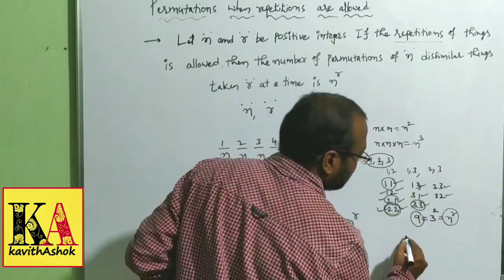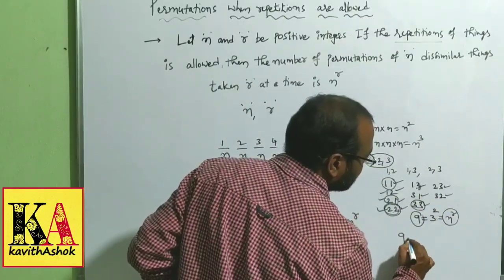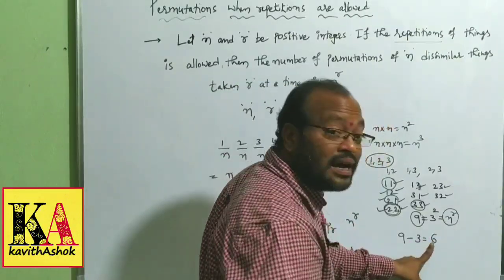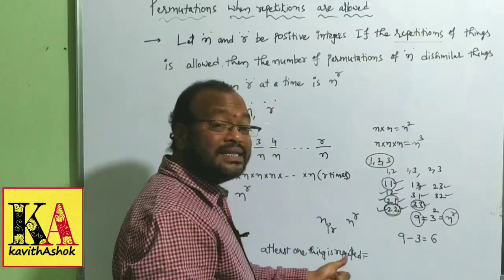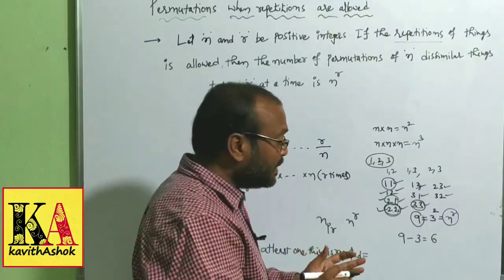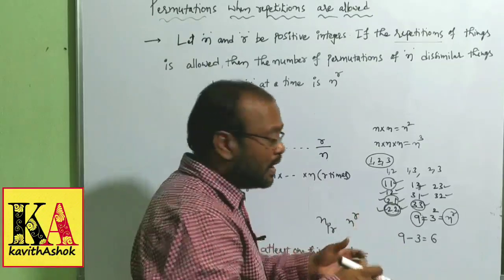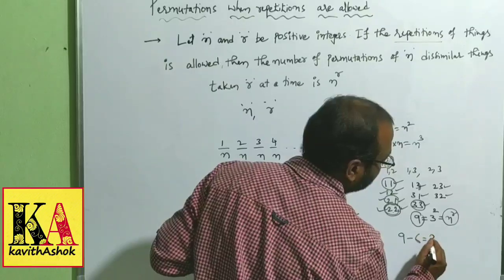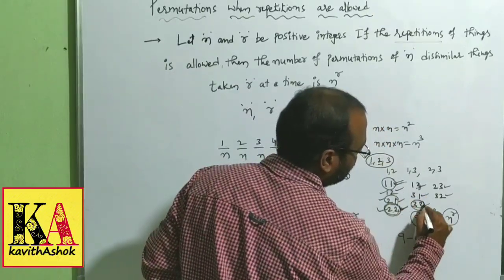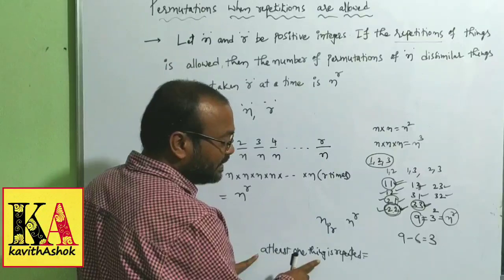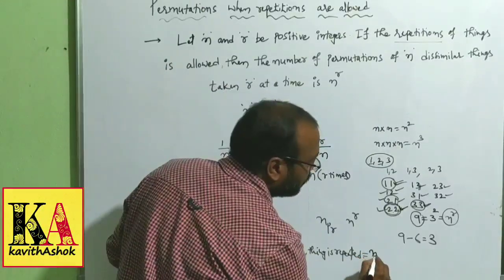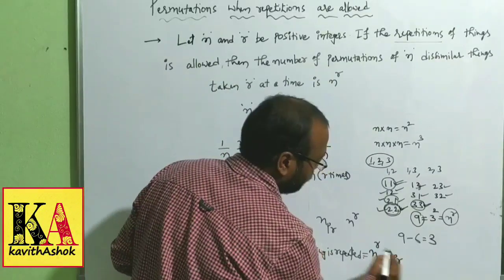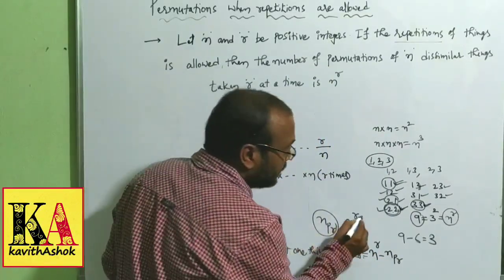In the total of 9, we subtract 3, so only 6 things are not repeated. At least one thing is repeated means we have to remove the unrepeated terms. Unrepeated terms are 6, but here we can get 3 repeated terms: 1, 1, 2, 2, 3. So if at least one thing is repeated, the count is total number of things minus non-repeated things. Non-repeated things is this one, repeated things is this one.